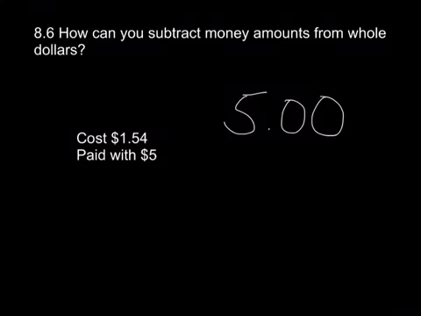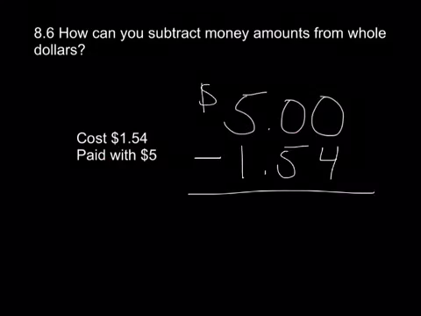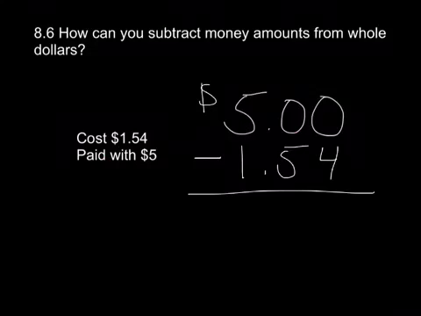And then I'm going to subtract the cost, $1.54. Now, why am I subtracting? Well, let's say Rainbow Loom bands are on sale and they cost $1.54.